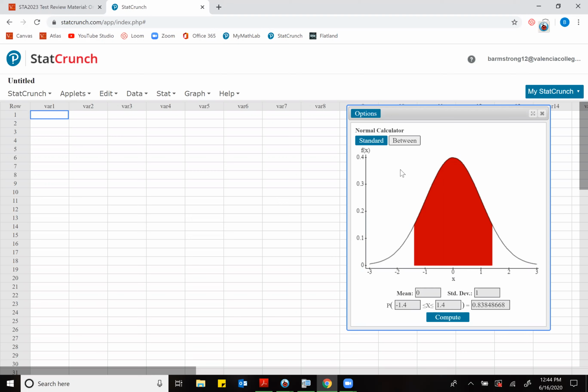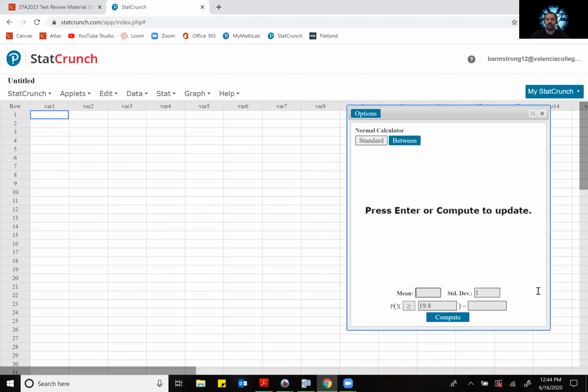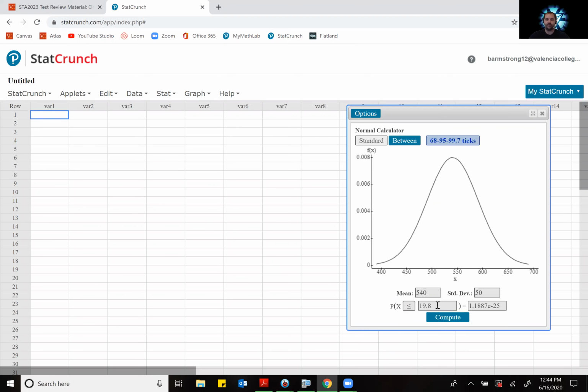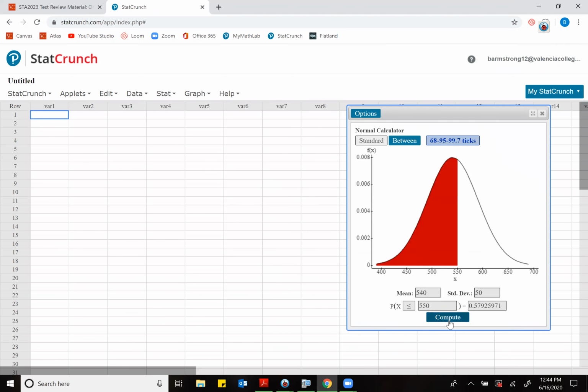So if we come up in here, go to standard, and we put in the 540, then we put in the 50. We want to be less than 550. Boom. There's what you got. Okay.